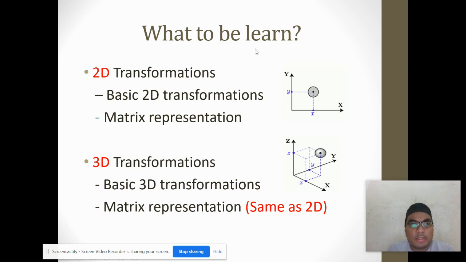So what you will learn today is first the basic 2D transformation and matrix representations, and another is the basic 3D transformation and also the matrix representation, which is basically similar to the 2D.